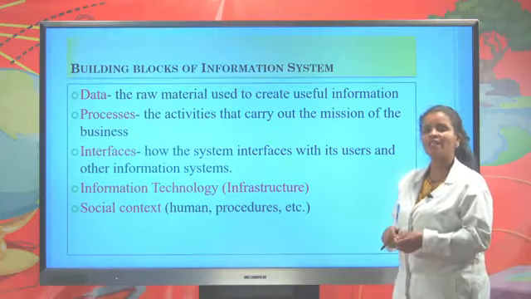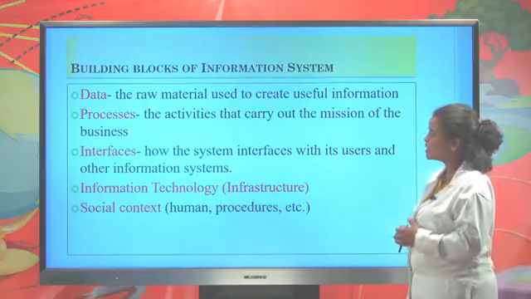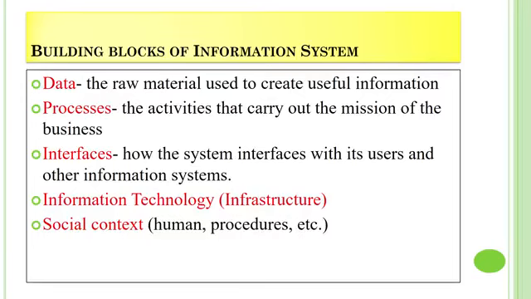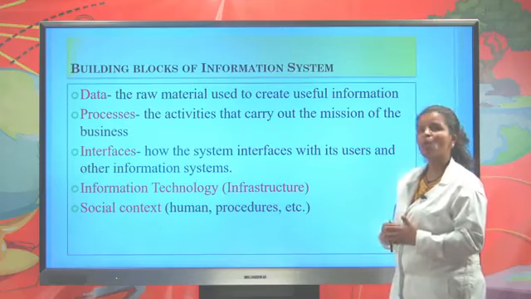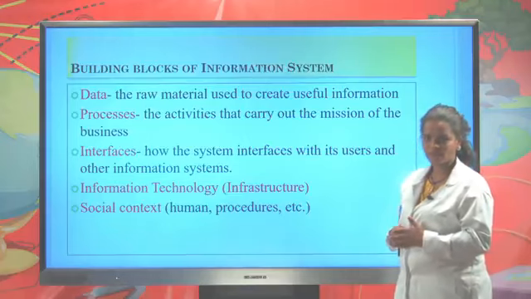Let us see the building blocks of an information system. The building blocks of an information system are data, processing, interface, and information technology or infrastructure. Social contexts are also building blocks of information systems.